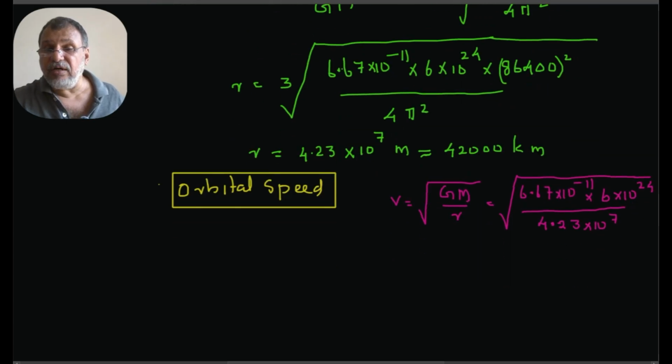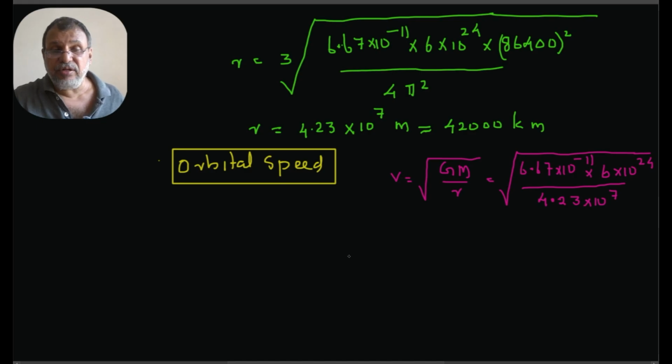When you work this out, what I got here, V is equal to 2.7 kilometer per second. Usually this is approximately 3 kilometer per second. That is the orbital speed in geostationary orbits.